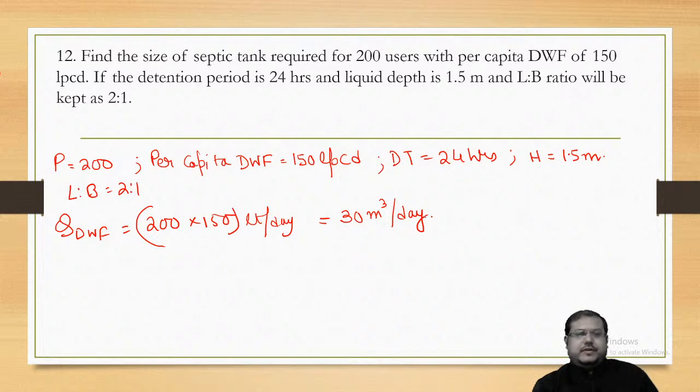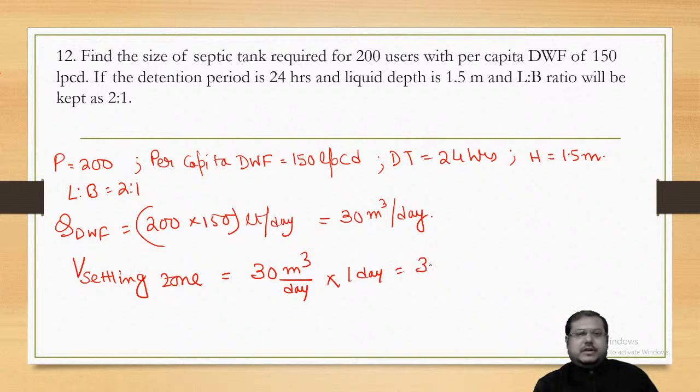So first we can find the volume of the settling zone. We are talking about the settling zone only. We have 30 meter cube per day into the detention time of 24 hours, which is 1 day. It's 30 meter cube.